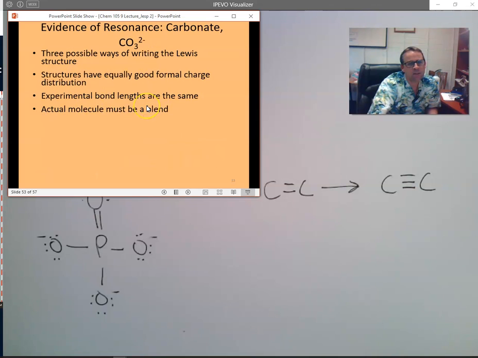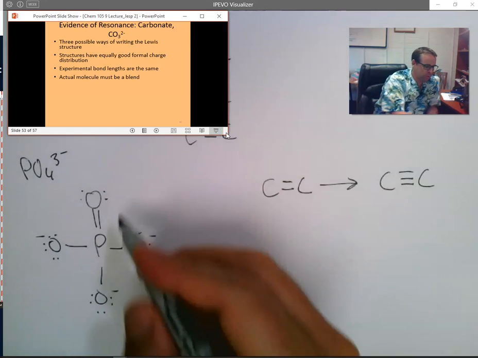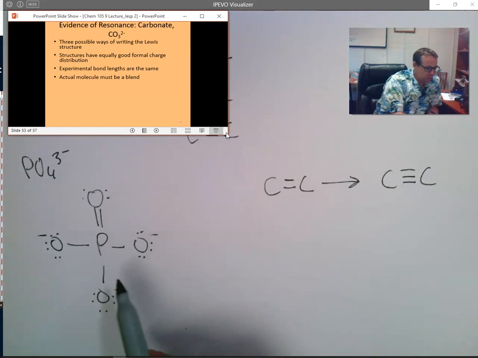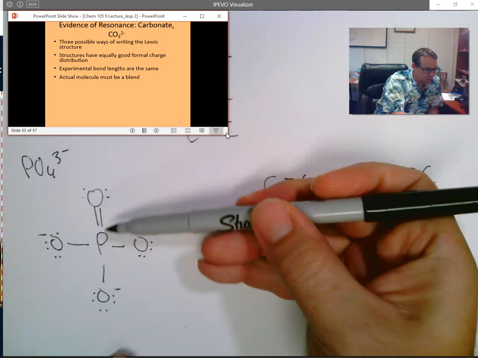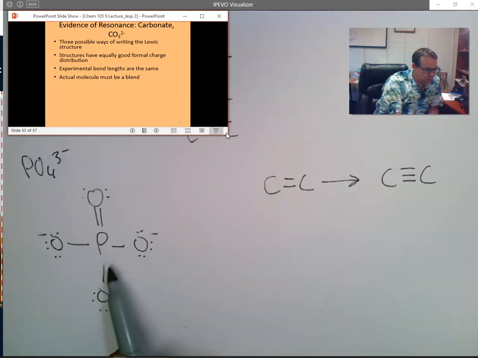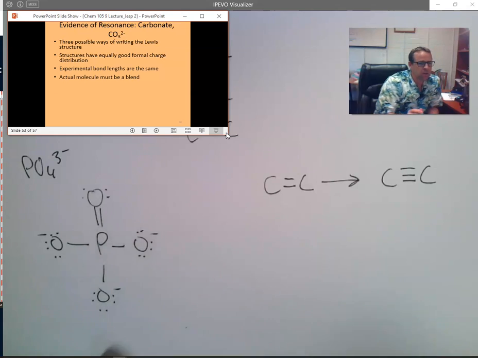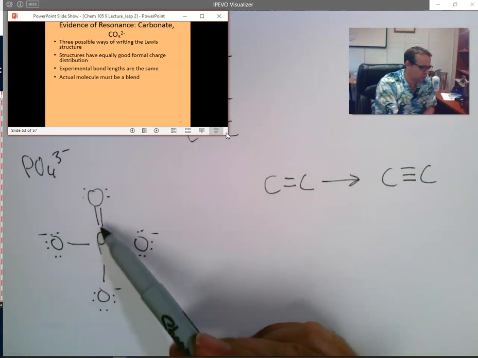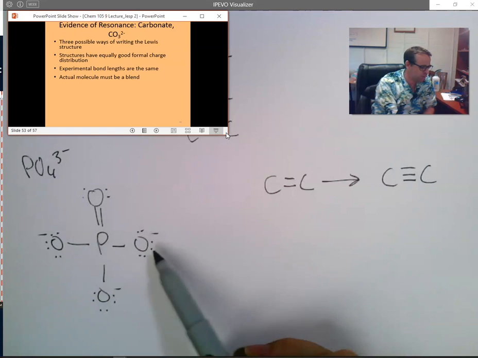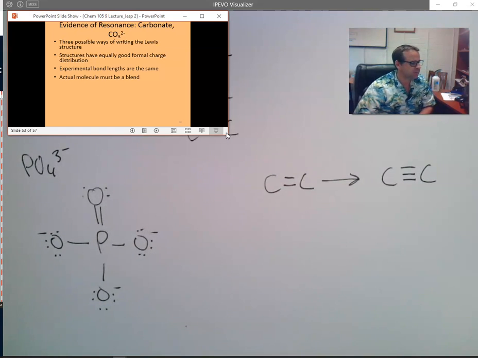when we look at this compound here, this PO4 3-, we would have to say that one of these bonds, either this oxygen-phosphorus double bond or this oxygen-phosphorus single bond, is stronger than the other one. Kyla, can you write in the chat box which one you think is stronger, the phosphorus-oxygen double bond or the phosphorus-oxygen single bond?